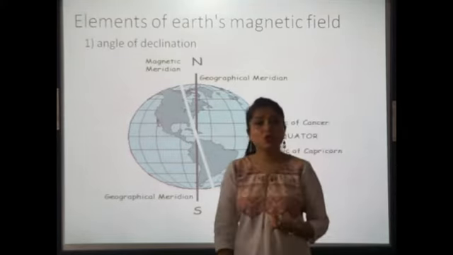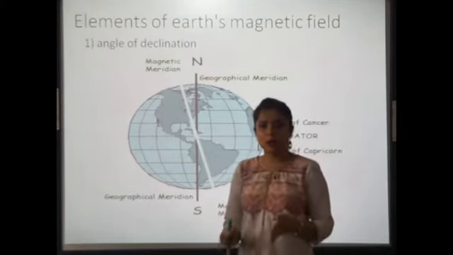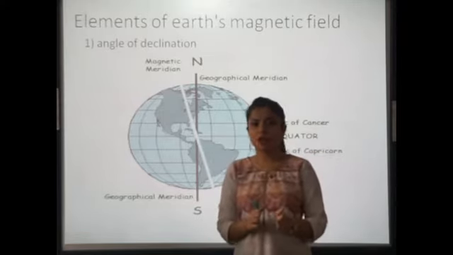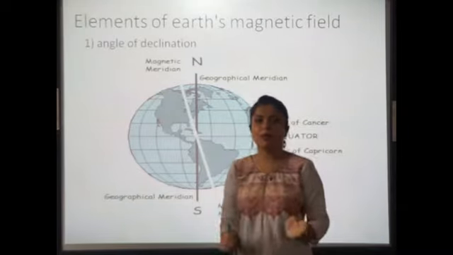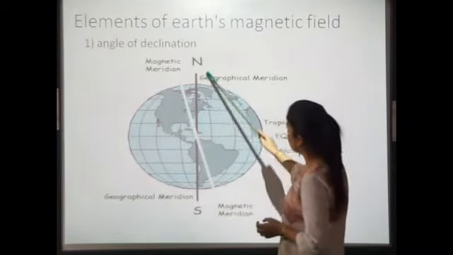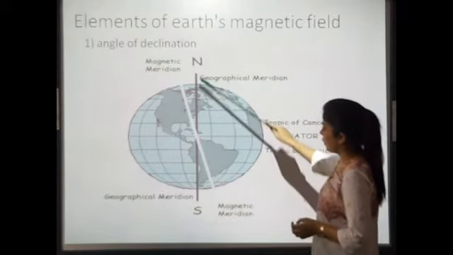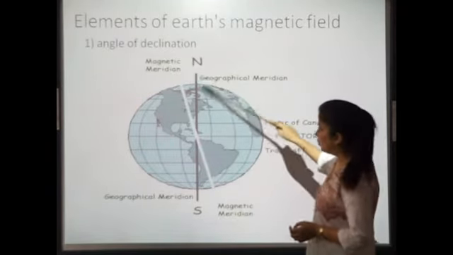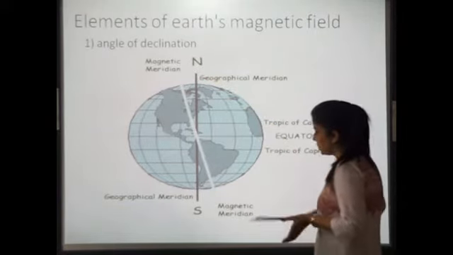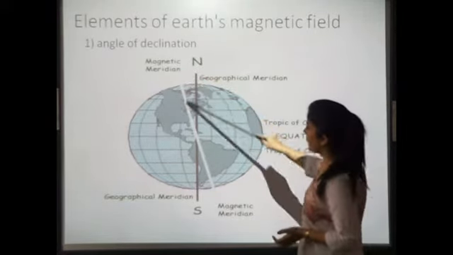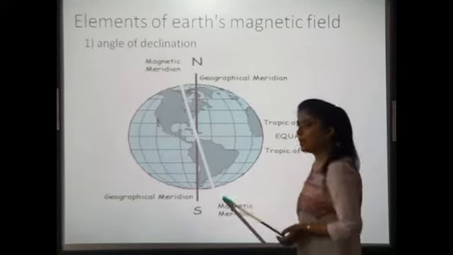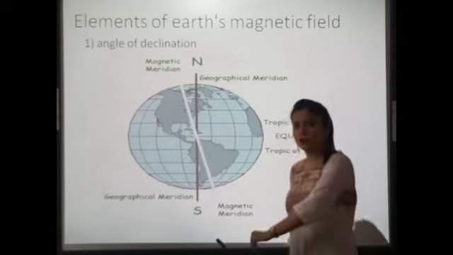I have already told you before, the angle between the magnetic meridian and the Earth's meridian, or the axis of rotation of the Earth and the axis of the magnet, is the angle of declination. So this is the geographic meridian, through the north pole and the south pole, and this line is the magnetic meridian, a line passing through the center of the magnet.